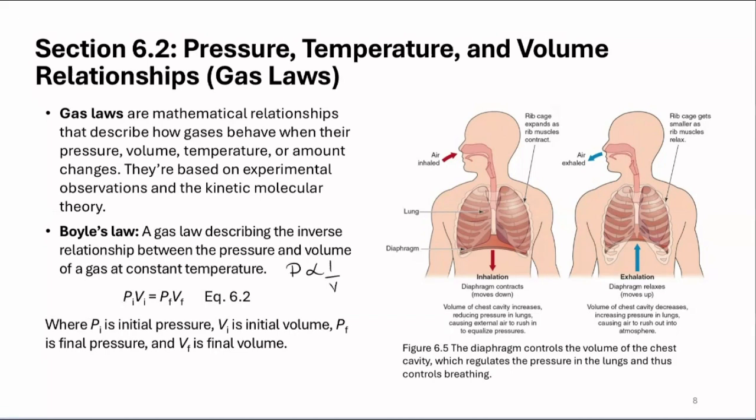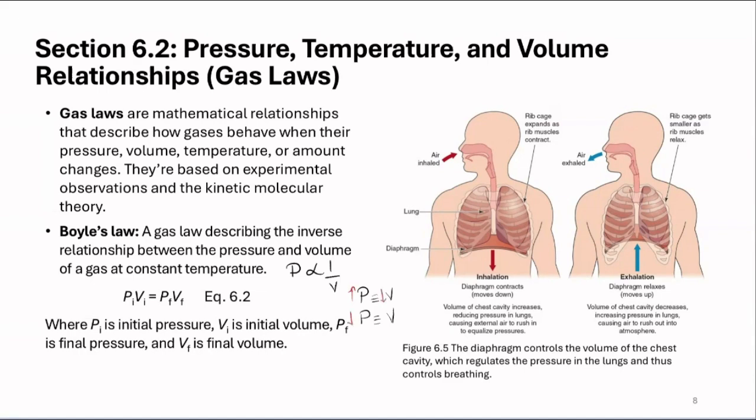What this means essentially is that if we look at the relationship between pressure and volume, notice that I'm putting 3 lines because this is just relating pressure and volume. Since they are inversely proportional, when pressure goes up, volume goes down.